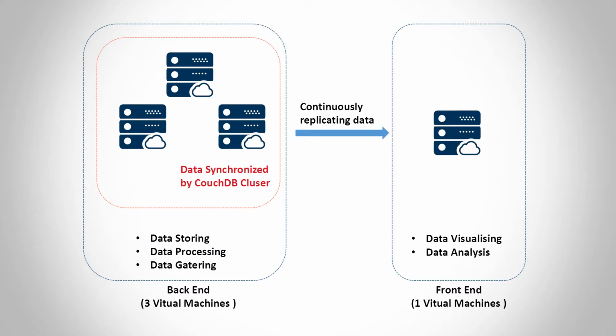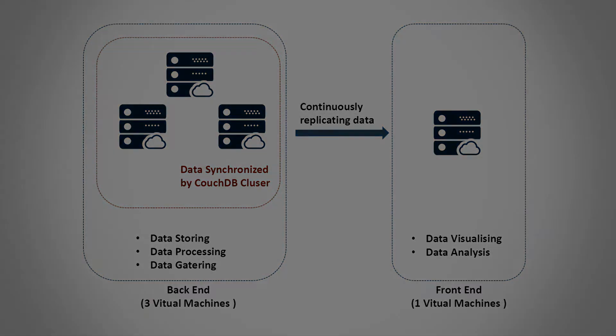We use 3 virtual machines as our backend, on which we gather data, process it with sentiment analysis, and then store it into our CouchDB cluster. And then we have another virtual machine to continuously replicate data from the CouchDB cluster. This data we use to do the data visualization.